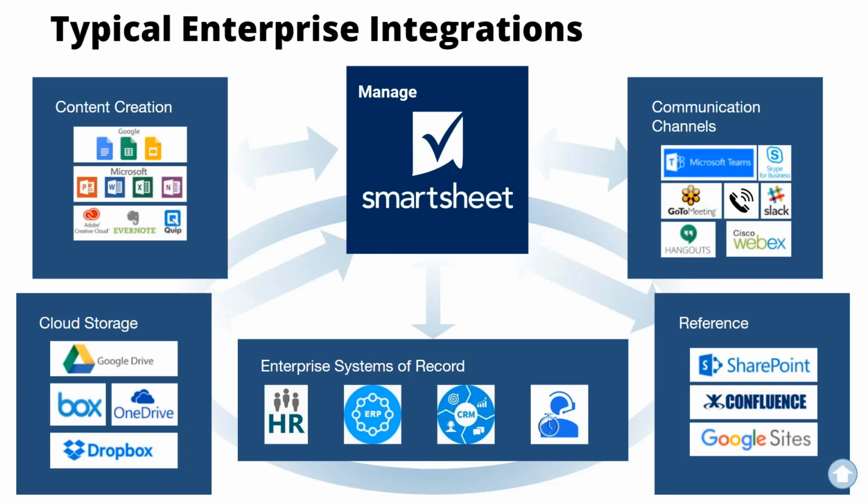Lastly, there are reference apps such as SharePoint. However, none of those do what Smartsheet does. Smartsheet is in a new space called collaborative work management. That's really separate and distinct, and it's where Smartsheet excels. It provides visibility, status, collaboration, tasks, and automation.